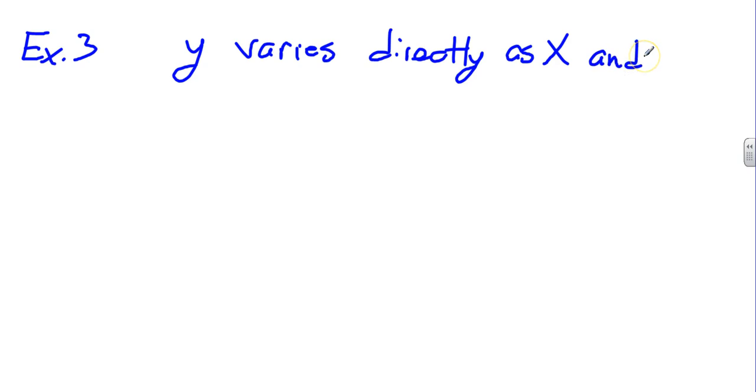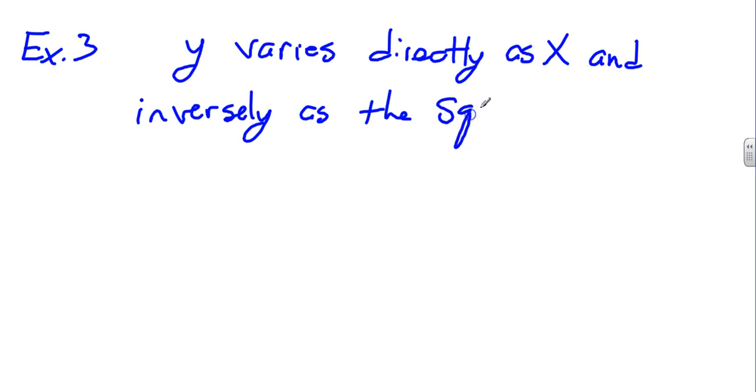So in this case, we're going to go y varies directly as x and inversely as the square of z. And then your values come in.